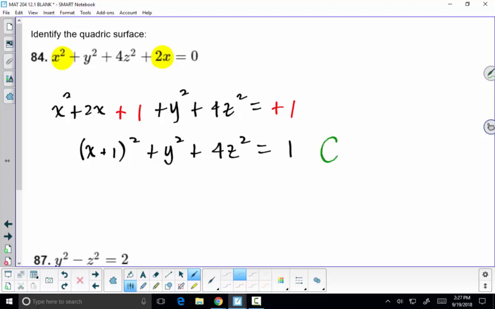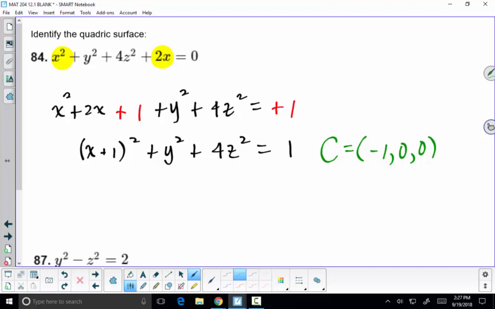First off, we notice that it is shifted. There's a center, -1, 0, 0. And now this one is one of the simpler surfaces, so we probably recognize that it is an ellipsoid. Everything's squared to 1. The sum of 3 squares being 1. That's going to be an ellipsoid.